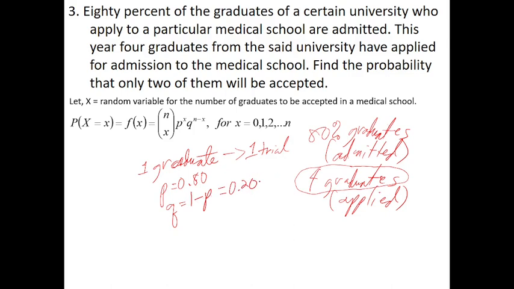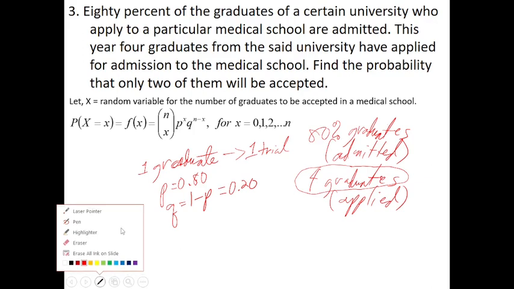So 20% yung chance na hindi siya matatanggap. 80% yung chance na matatanggap siya kada graduate. Ngayon, kung merong 4 na graduates, ano daw ang tsansa na 2 lang dito yung matatanggap? Kung kada graduate, ang tsansa na matatanggap ay 0.80. So, yun ang ating concern, no? So, let's answer the problem now.